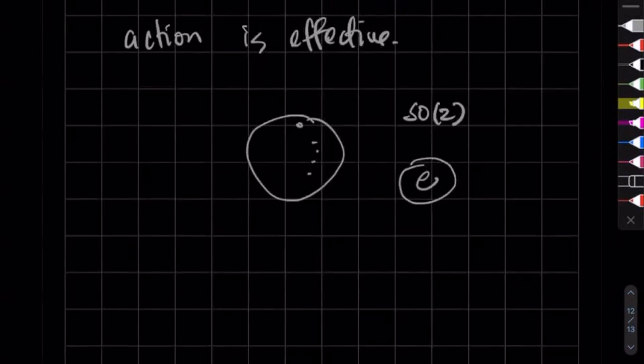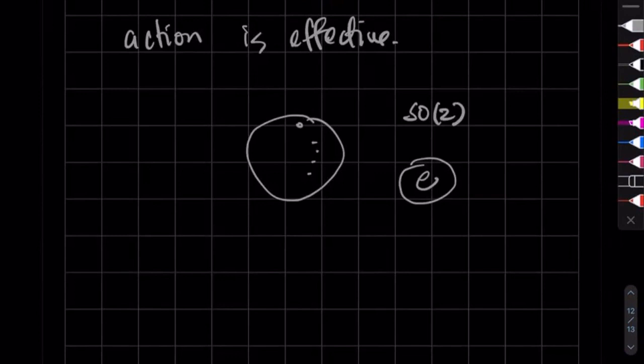But if it's free, then there is no fixed point, right? So if there is no fixed point, the only element that will leave all the elements invariant is the identity, right? So if it's free, then it's effective trivially. Oh, I got it. I think you said the opposite in the lecture, but I'm not sure. These are very subtle concepts, so I may have. I'm sorry if I did. Got it, sir. Understood.